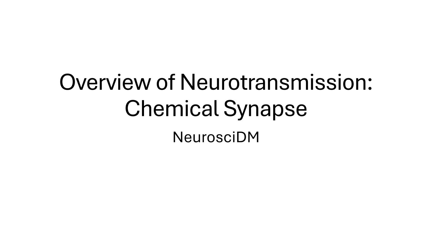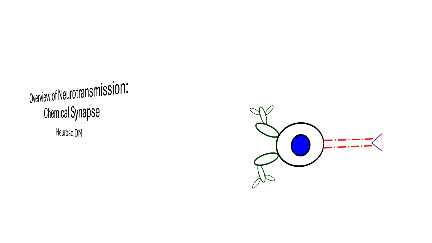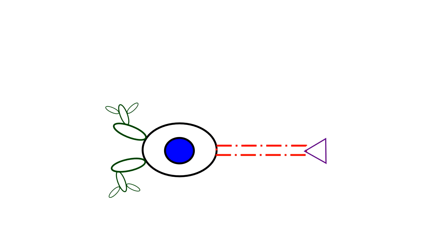So what we're going to do is take this little schematic of a neuron. And this neuron is composed of three areas. The first area is called the receptive area.